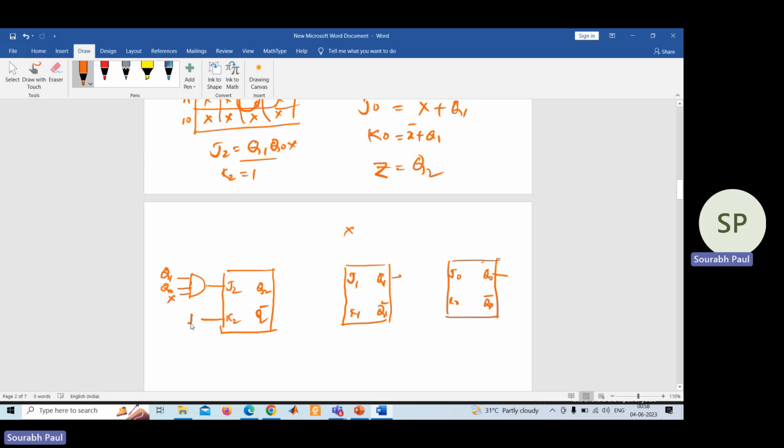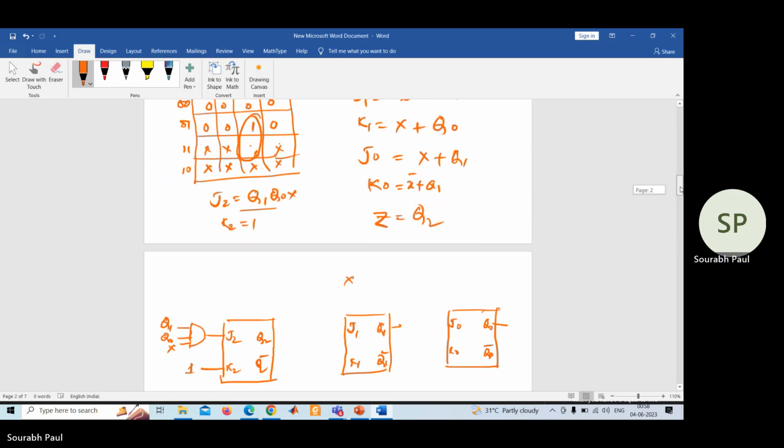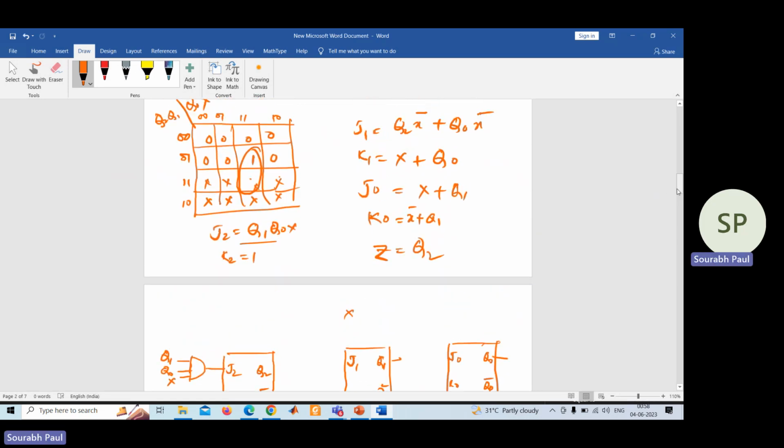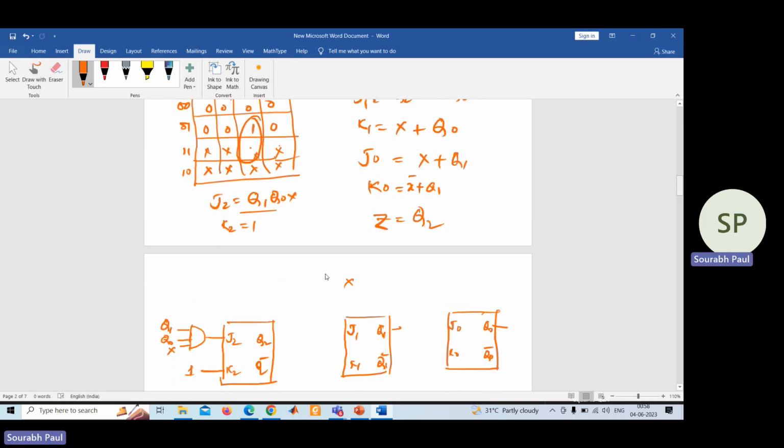Then K2 is logic 1. Then you have J1. J1 equal to Q2 X bar. So it means I need to take some AND gate OR gate combination. First of all, I need to take 2 AND gates. This is one of the AND gates. This is the other one.